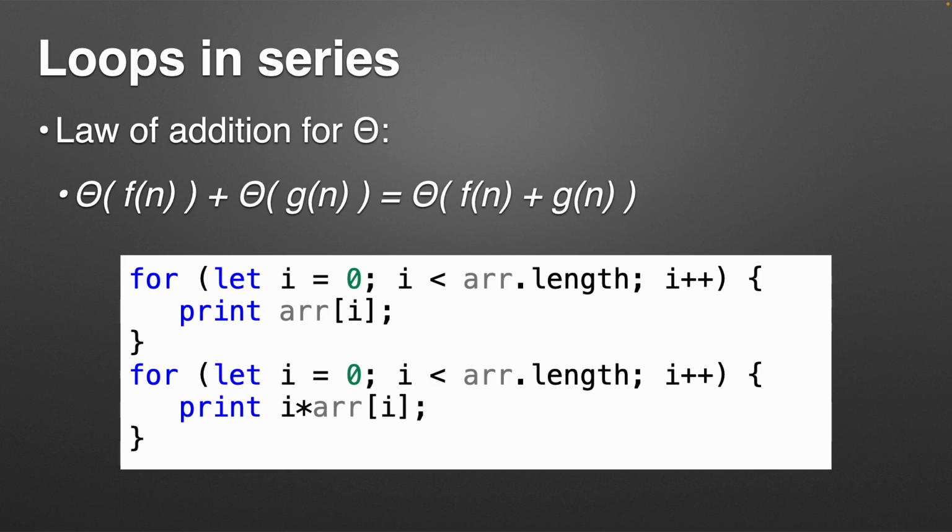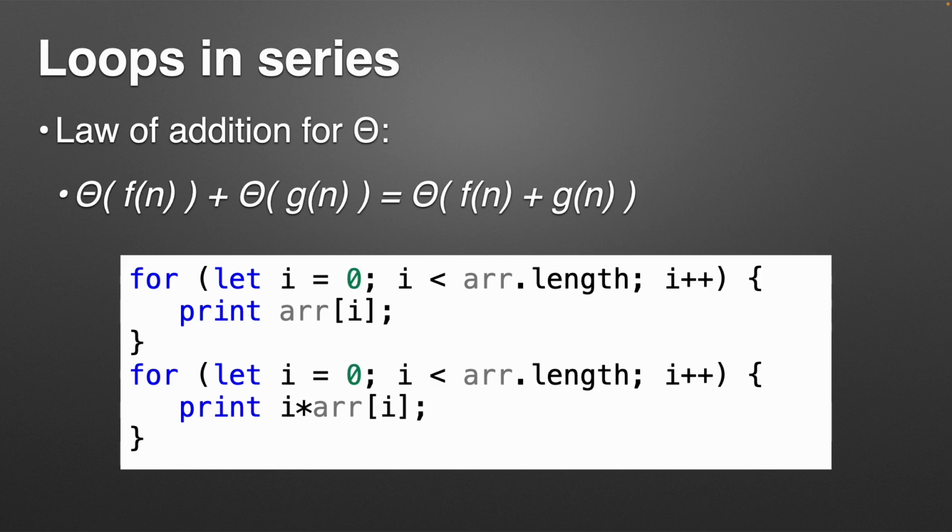How many times do we go through it? n times. Then we come through this loop. How many times? n times. There's no trick here. Each of them are going through the array. So we could say this is n plus n. So n squared? No, 2n. These are one after another.